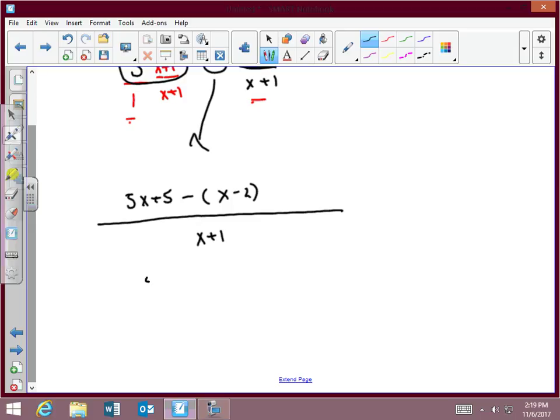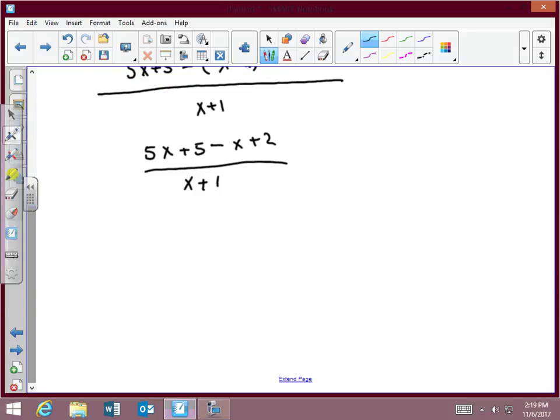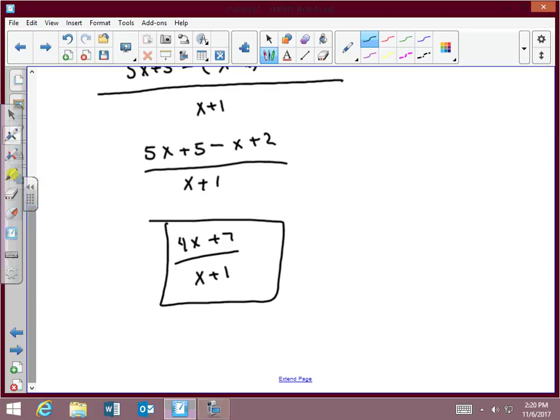So now that numerator is 5x plus 5 minus x plus 2, over x plus 1. Combine like terms in the numerator. It's 4x plus 7 over x plus 1. Now notice the numerator doesn't factor, no reducing. So this is your answer to the problem.